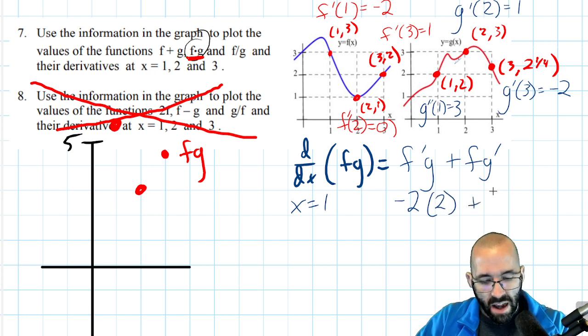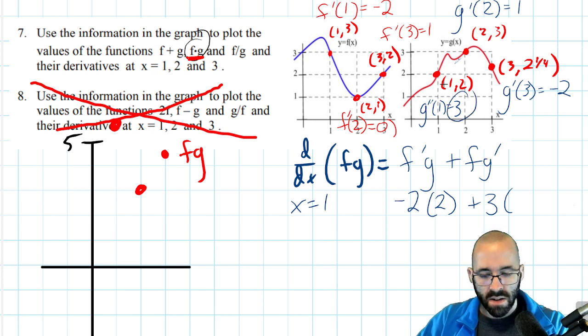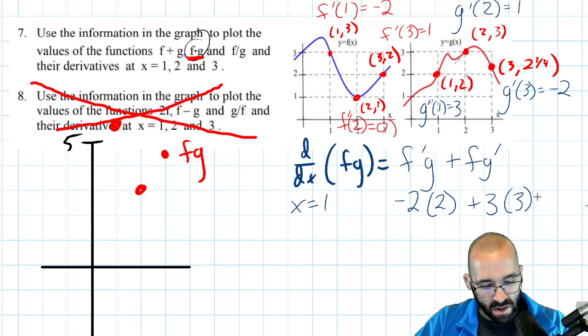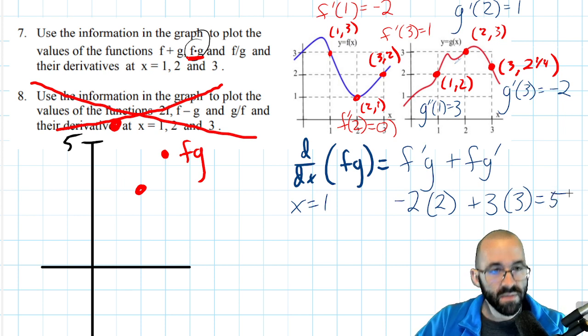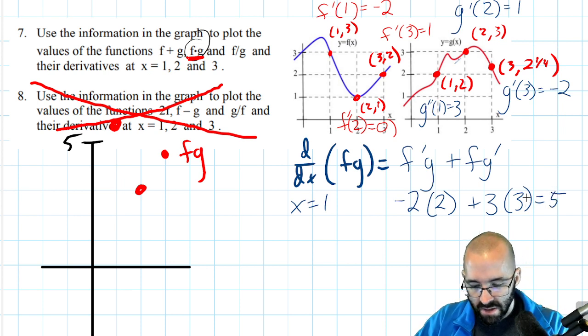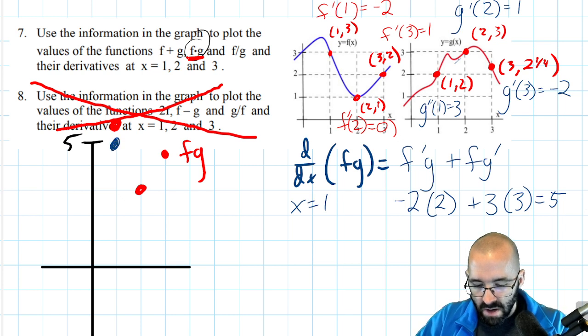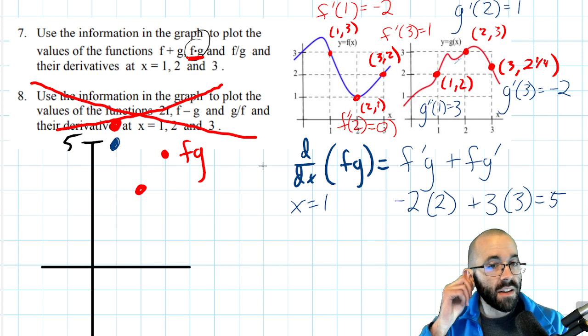Plus f at 1, the original function at 1 was 3, times g prime at 1, which is also 3. Write this all out, you get -4 plus 9, which is positive 5. The derivative of fg is right there.